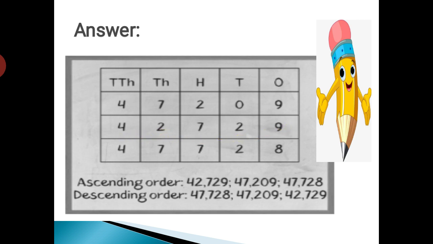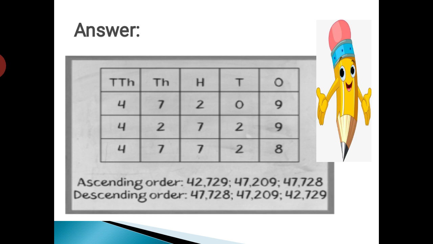So 42,729 is the smallest. Then next is 47,209. Then 47,728. So this is the ascending order. First is this one, then second this one, and third this one.